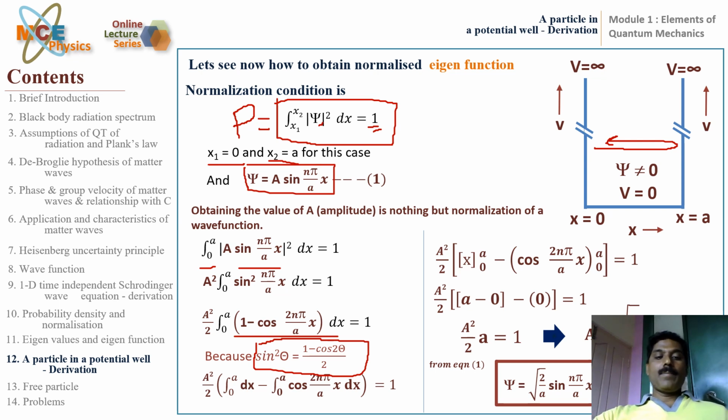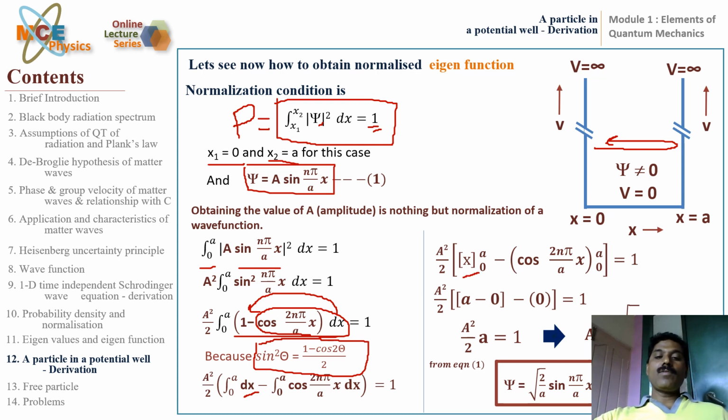Now in the next step, we have to multiply dx. On multiplying dx with 1, what do we get? You will get integration from 0 to a dx. And on multiplying the same dx with the second term, we will get cos 2n pi x by a into dx. Now let us integrate.